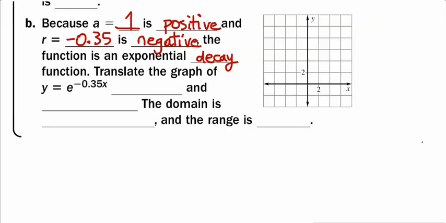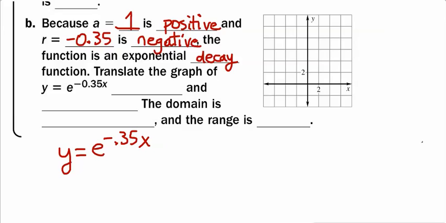So we're going to go ahead and graph this first. I know that the text doesn't tell you to graph this first, but trust me, you really want to. So we're going to graph the simpler version: y equals e to the negative 0.35x. That's not the full graph, I understand, but that's the simpler version of the graph.